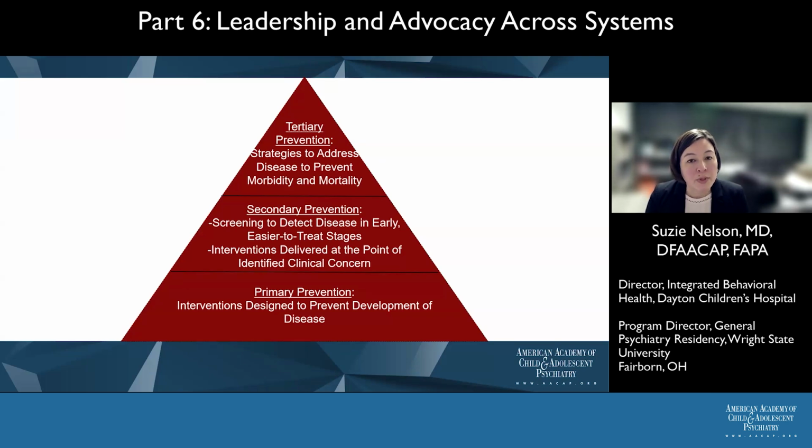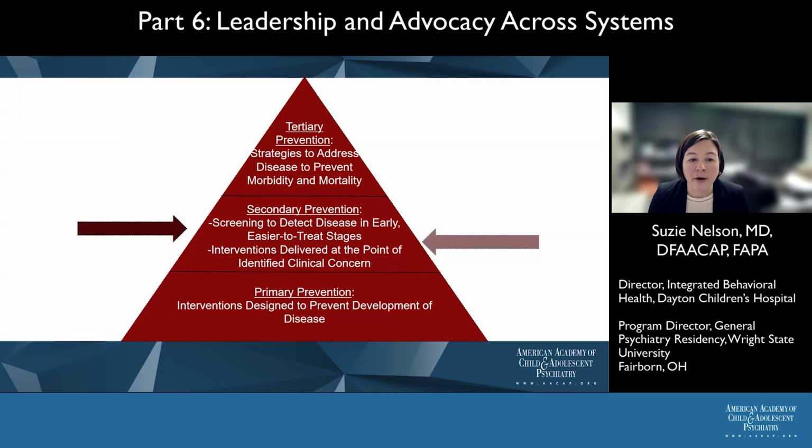Tertiary care is a really important space in what we do with mental health services. And the majority of us who practice in specialty mental health services are used to being able to practice in this tertiary prevention space, where most of our strategies are designed to address disease that's already in existence. And what we really want to be able to do with that is prevent morbidity and mortality.